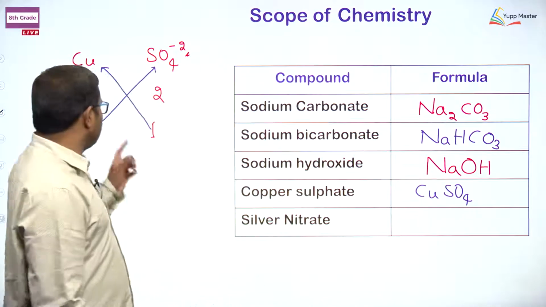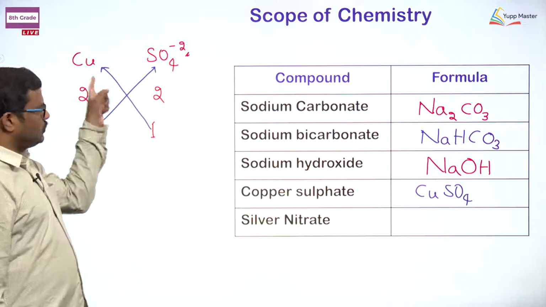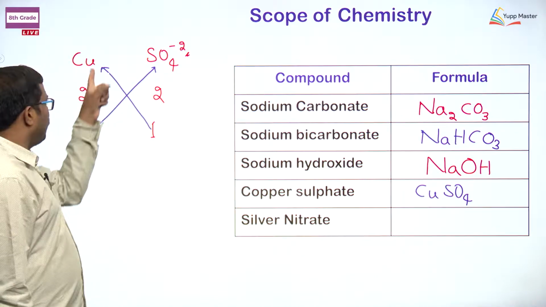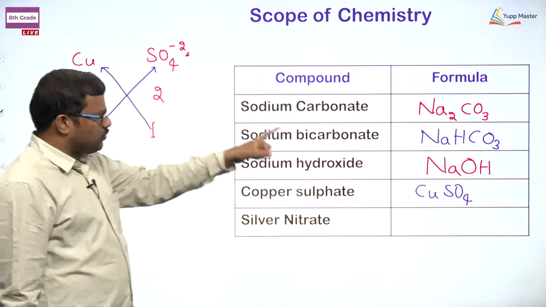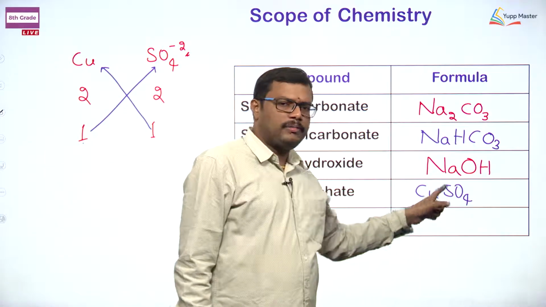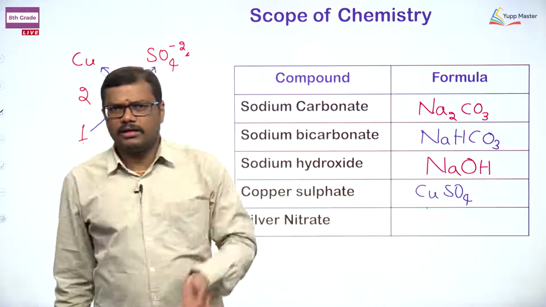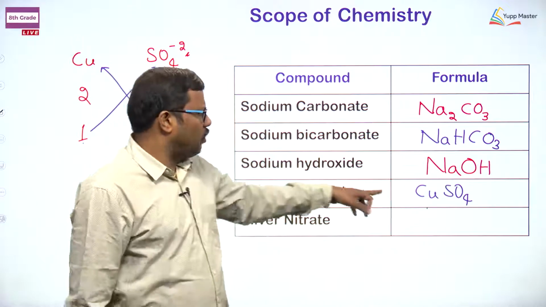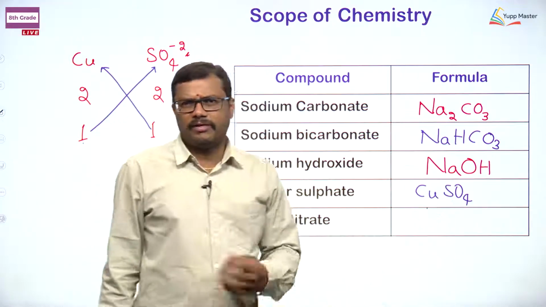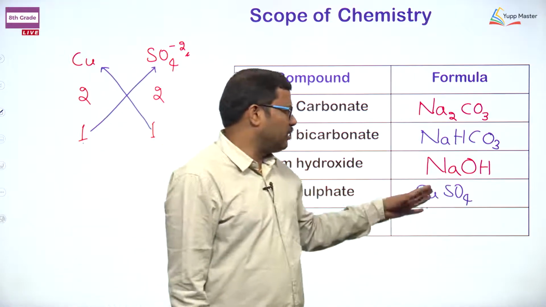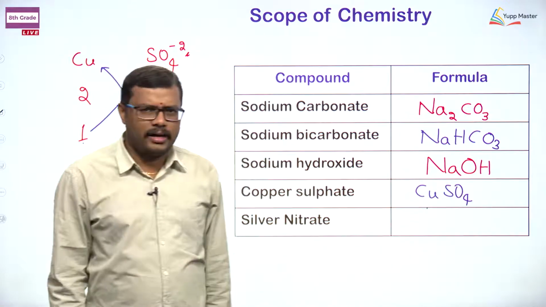CuSO4, because the valency for sulphate ion is 1, so Cu I am taking one time. Copper valency is 1, so I am repeating SO4 only one time. So Cu one time, SO4 one time. Writing 1 over there, I am ignoring it. Whenever we have a valency 1, generally ignore the valency 1 and write the formula.